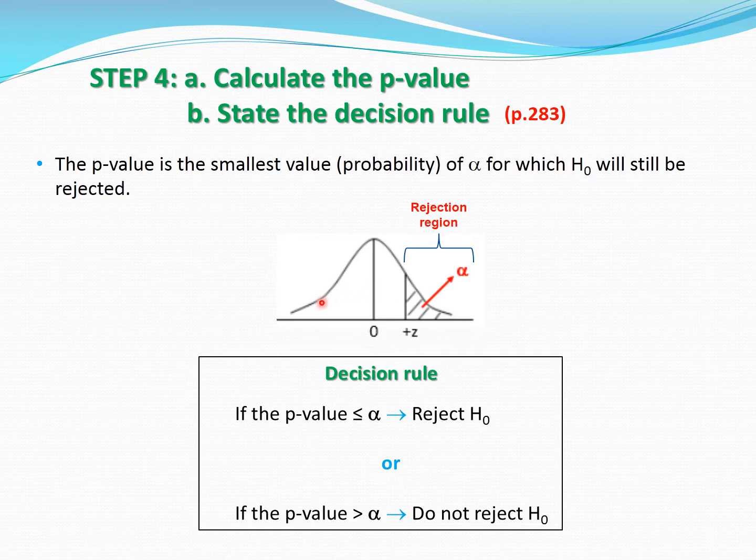But if it falls outside of this region, so it's larger than the significance level, then we will not reject the null hypothesis. So that's where the decision rule comes in then. If that p-value is less than or equal to alpha, we reject the null hypothesis. But if that p-value is greater than alpha, we do not reject the null hypothesis.